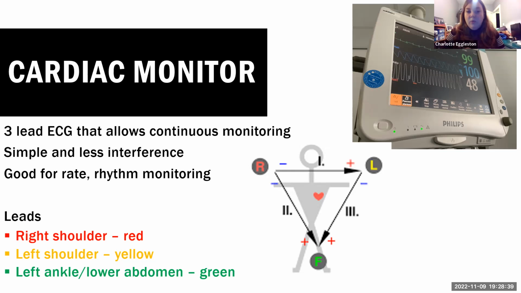This tends to give you one simple tracing of the heart. Sometimes you get more than one, but normally just one line. It means you can continuously monitor if you're worried about any arrhythmias coming up, depending what someone's got going on. That's always quite a good answer if you've got someone with a rhythm in an exam question you're worried about: hooking them up to a cardiac monitor. It's a good idea.